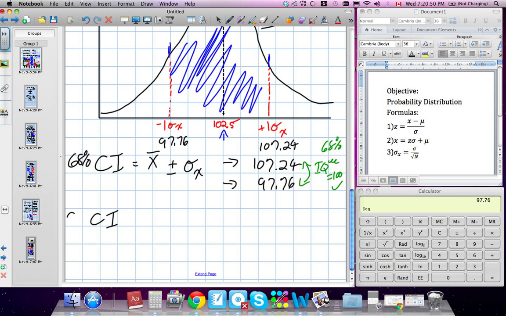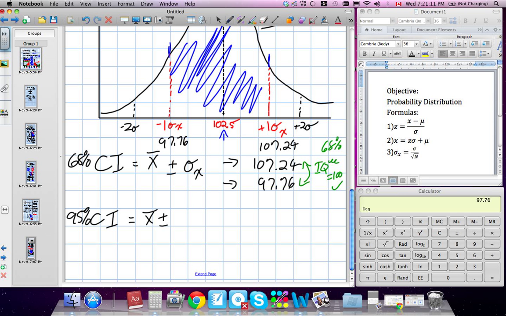Now, we know for a fact that IQ's true mean is 100, right? We know that that's correct. There's a 68% chance that it's going to fall between those two numbers, okay? So that's a 68% confidence interval. But say you're a business or something, usually you want a little more confidence than that.